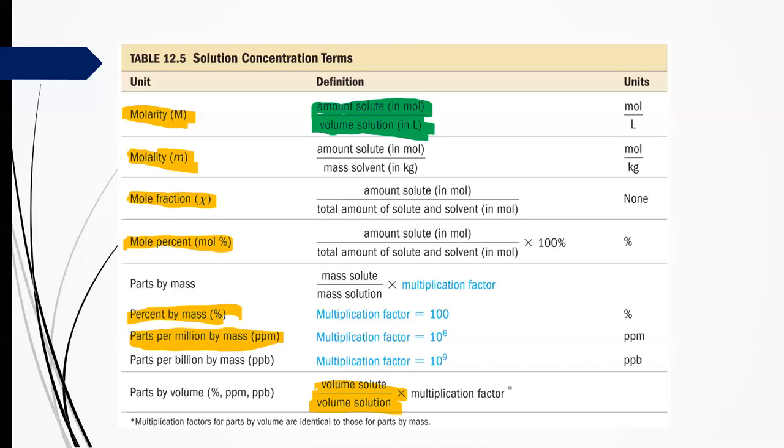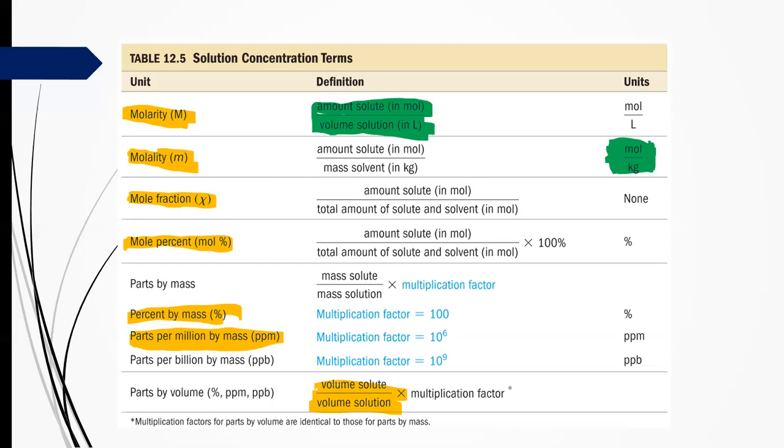It's the amount of solute in moles, but this time it's divided by kilograms, and it's only the solvent. Now, molality and molarity are very similar, and so we want to make sure that we're paying attention to how they're written and their symbols. One's a big M, one is a little m, so you want to make sure that your handwriting is clear for those.